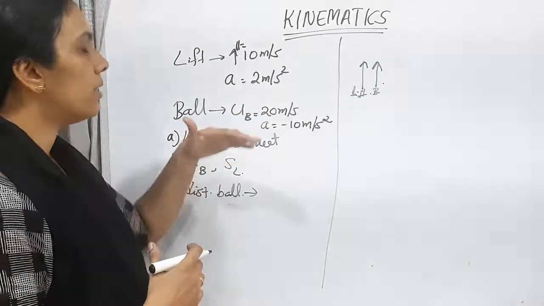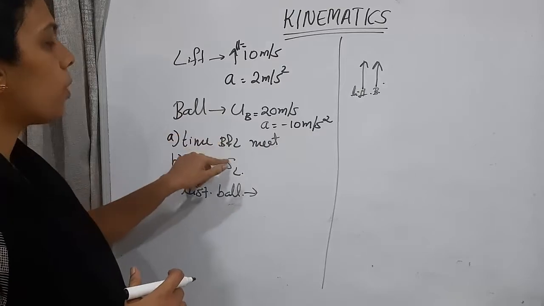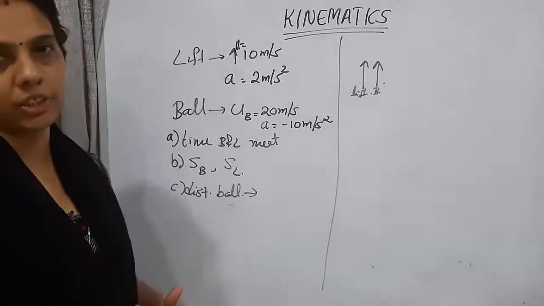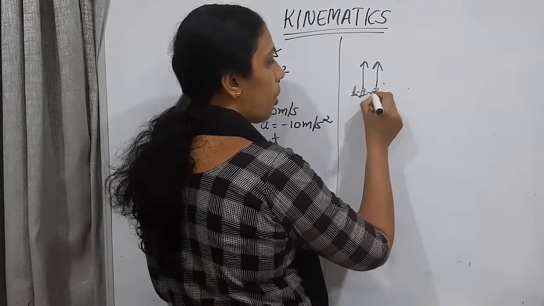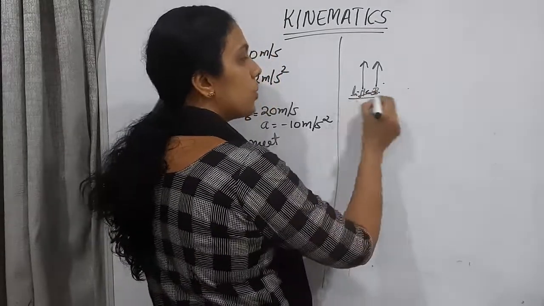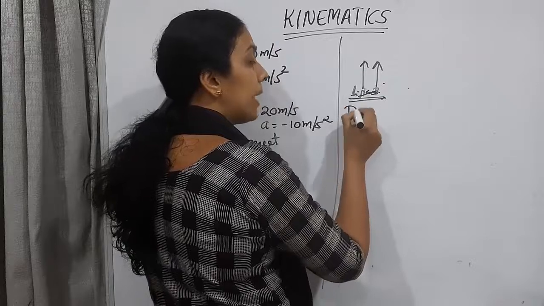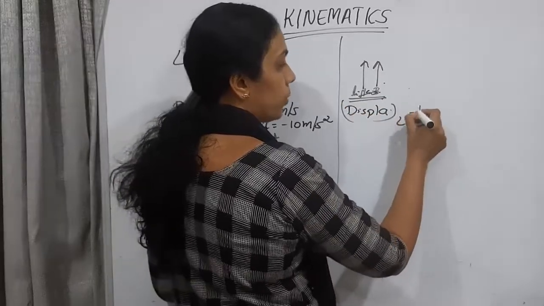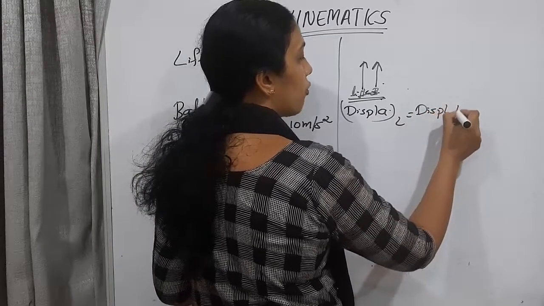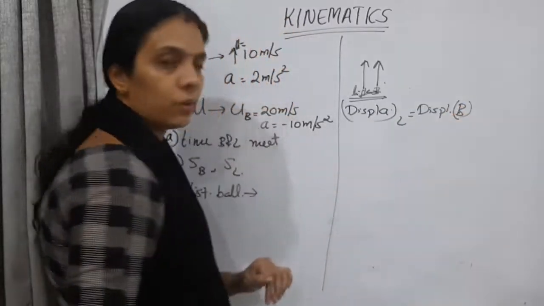When the ball and lift meet each other, at the same point, the displacement of the lift will be equal to the displacement of the ball with respect to the ground.